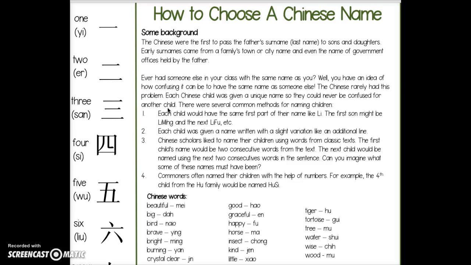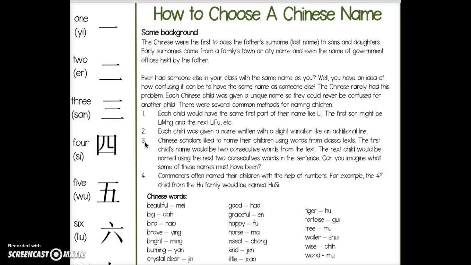There were several common methods for naming children. Number 1, each child would have the same first part of their name, like Li. The first son might be Li Ming and the next Li Fu, etc. Number 2, each child was given a name written with a slight variation like an additional line. Number 3, Chinese scholars liked to name their children using words from classic texts.